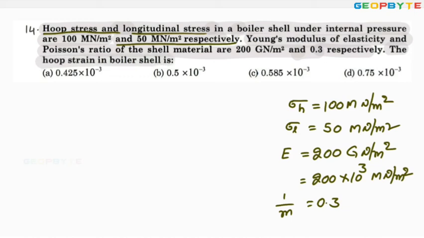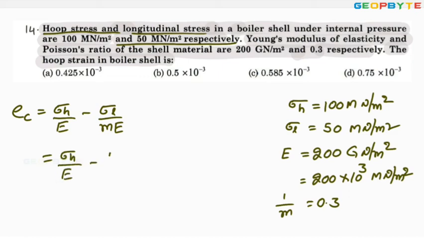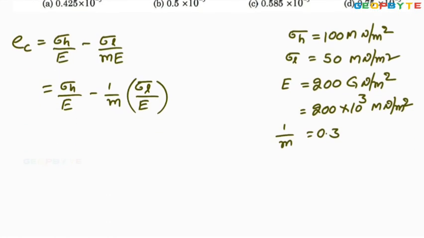The hoop strain is also called circumferential strain: sigma h by E minus sigma L by mE. So it equals sigma h by E minus 1 by m into sigma L by E. Here 1 by m is the Poisson's ratio.